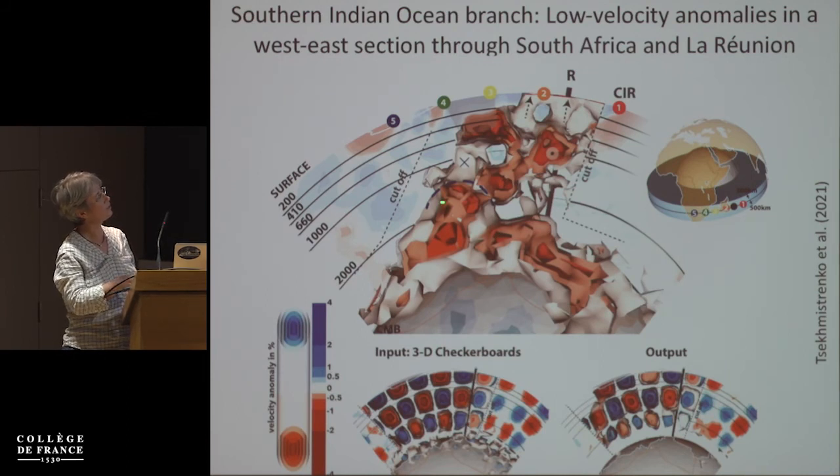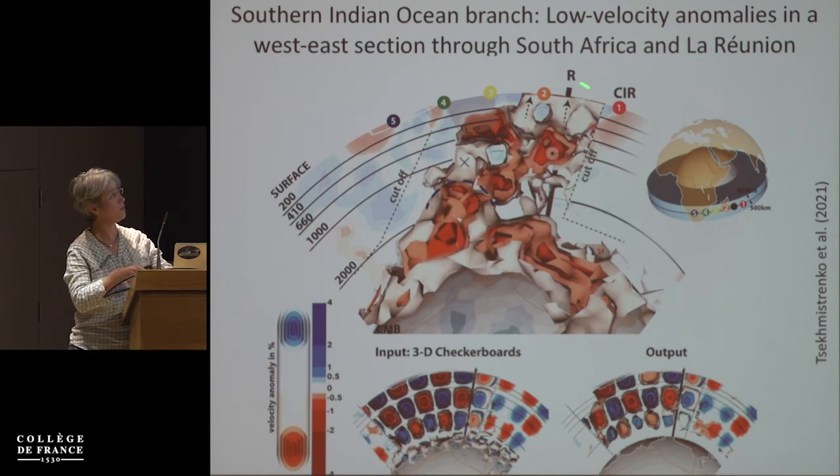And from this cusp, we have this branch go up into the mid-mantle. That goes diagonally up, and in the upper mantle, it becomes more complicated, but there does seem to be a conduit towards Reunion. And there's definitely no connection that goes directly down from Reunion to the core mantle boundary. So a connection is only via this structure.